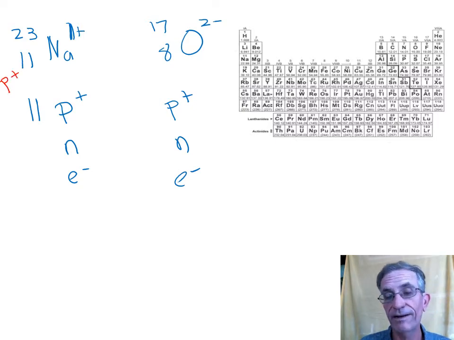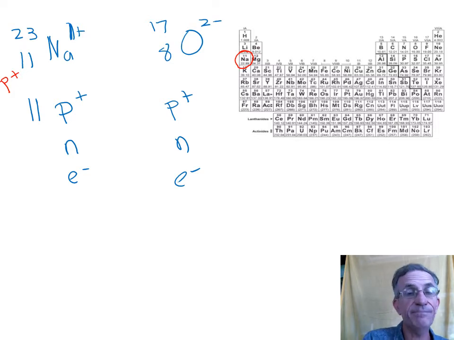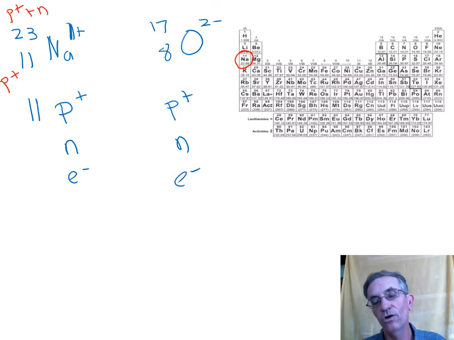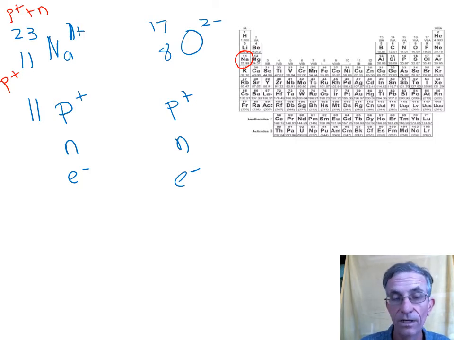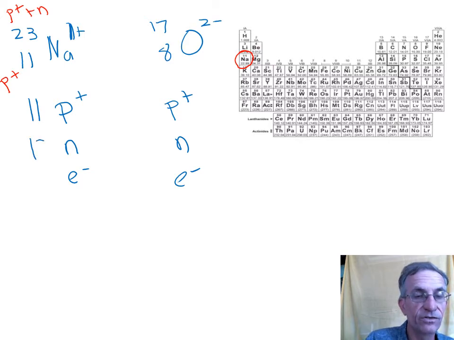That should match up, by the way, because if you're sodium, I don't care if you're a sodium atom or ion, you have 11 protons. Remember how we talked about how that goes together with a symbol? Now the top number is your protons and your neutrons together. So if I want to know just the neutrons, what would I do? I need to subtract, don't I? So this thing has 12 neutrons.